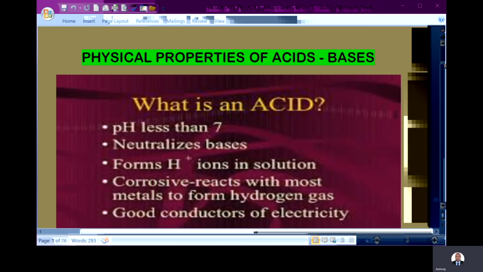Acids will neutralize bases. Acids form hydrogen ion in solution. Strong acids are very corrosive. Acids are good conductors of electricity. Acids have a sour taste.